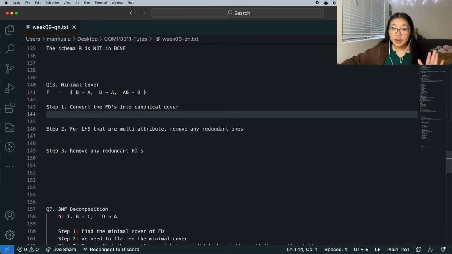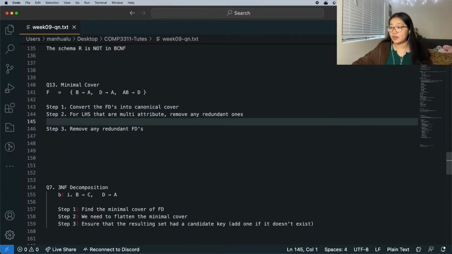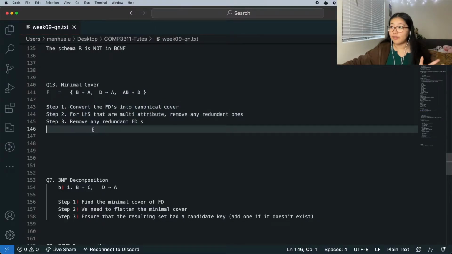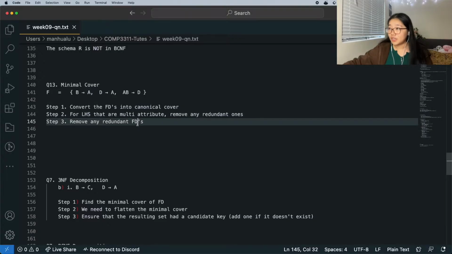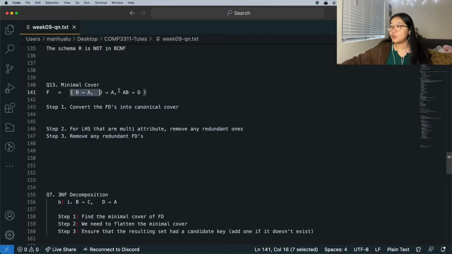Okay, so starting off, these are the functional dependencies that I've copied and pasted over, and we've got the first 3 steps there from the slides before. For the first step, you want to convert the functional dependencies into canonical form.